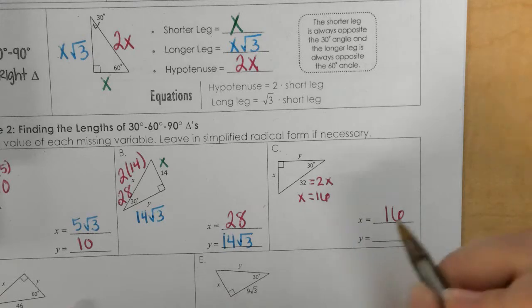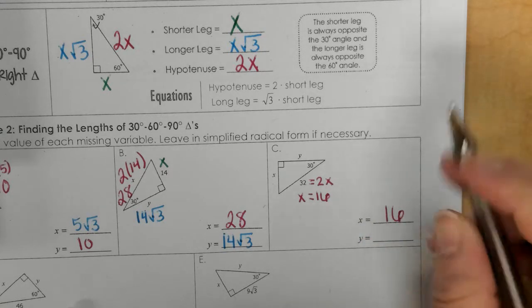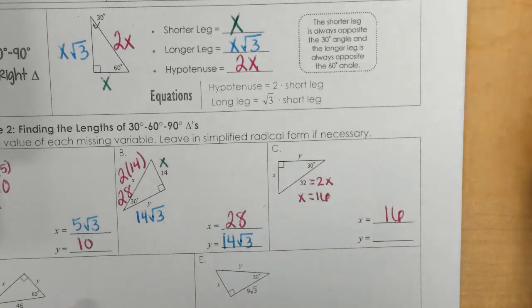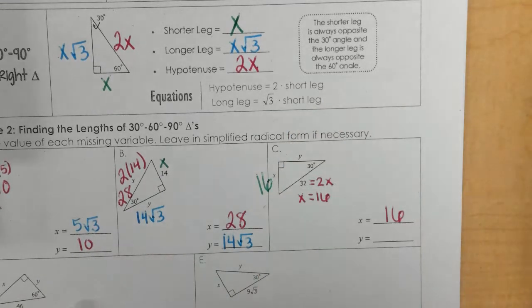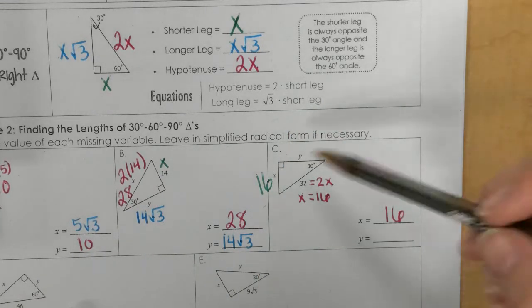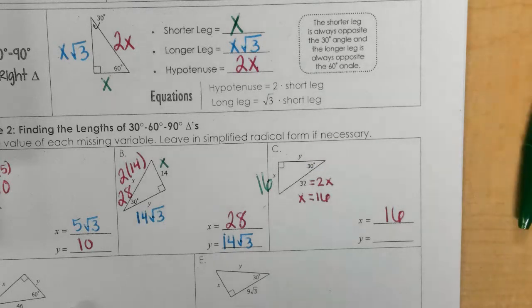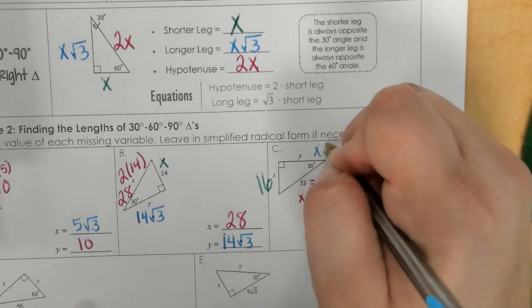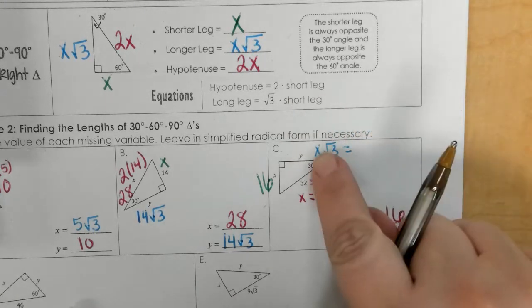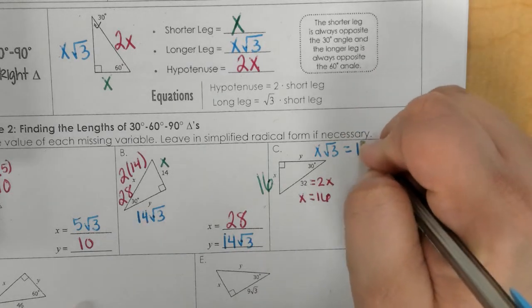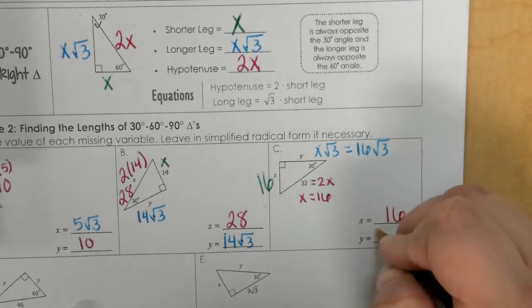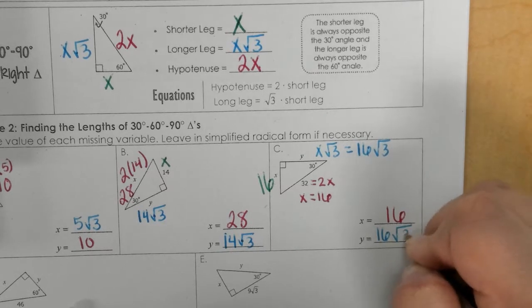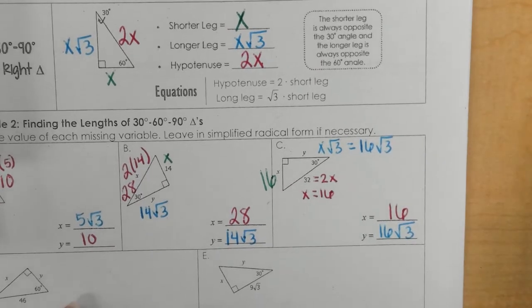That means that our short leg is 16. Then for our long leg, we have x radical 3, and we figured out that x is 16. So for the long leg, we have 16 radical 3.